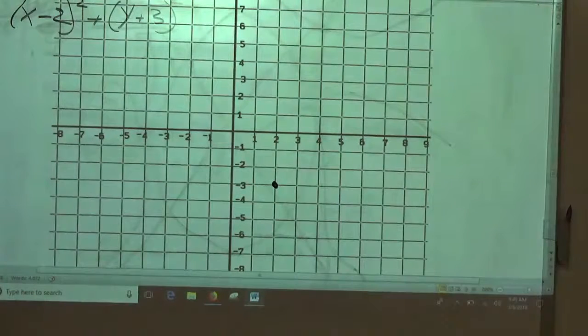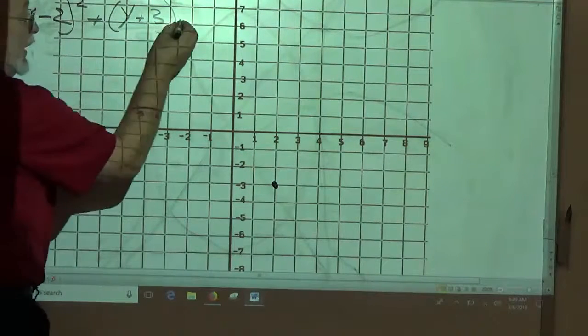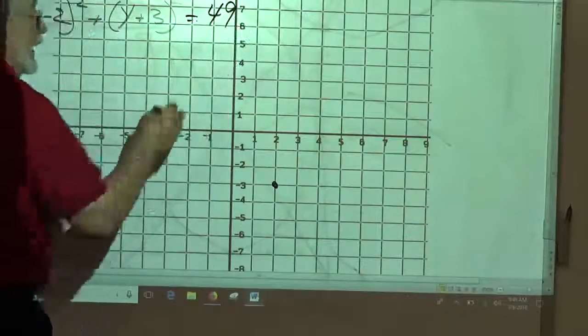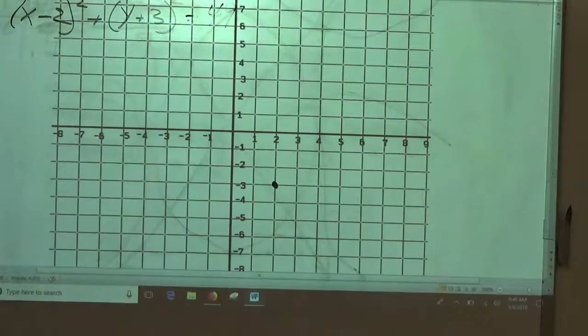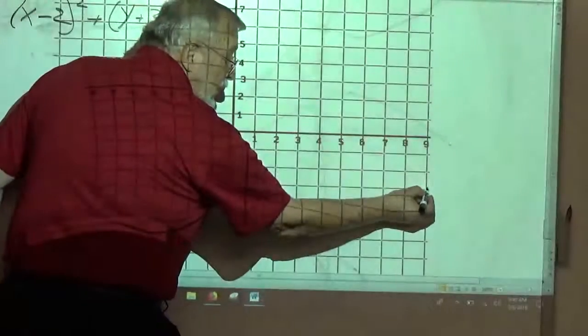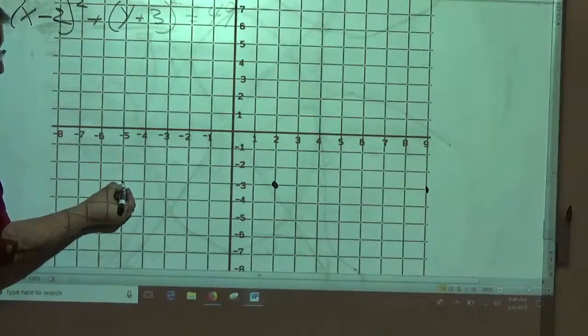Now, if this were a circle, these two have the same coefficient. It's 1. Right? And if r is 49, this is the square of the radius. So what's the radius? 7. So from here, I go 7, which puts me there, and coming back 7, which puts me here.